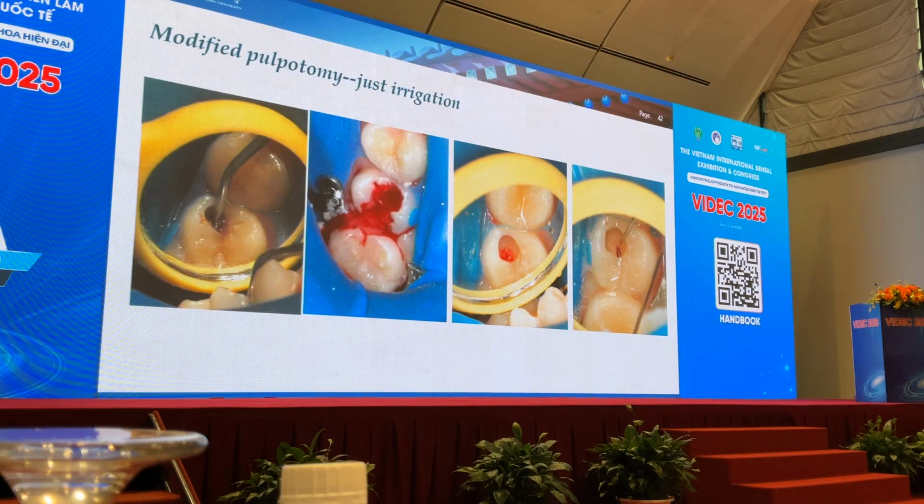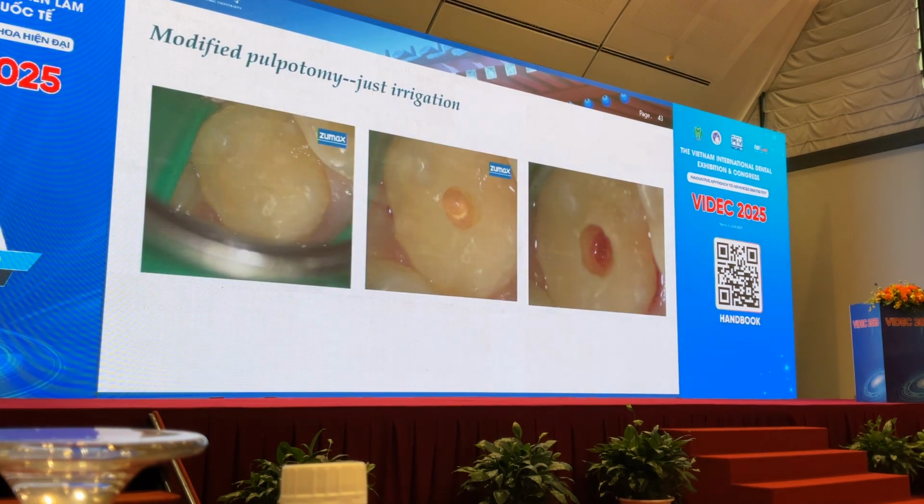In this case, the white pulp tissue was observed just 1 to 2, 3 millimeters beyond the exposure site. So we did irrigation. And for this case, the pulp tissue is in the middle part of the root canal. We also do irrigation. No white pulp tissue removed, even though it's inflammatory. We just keep it.